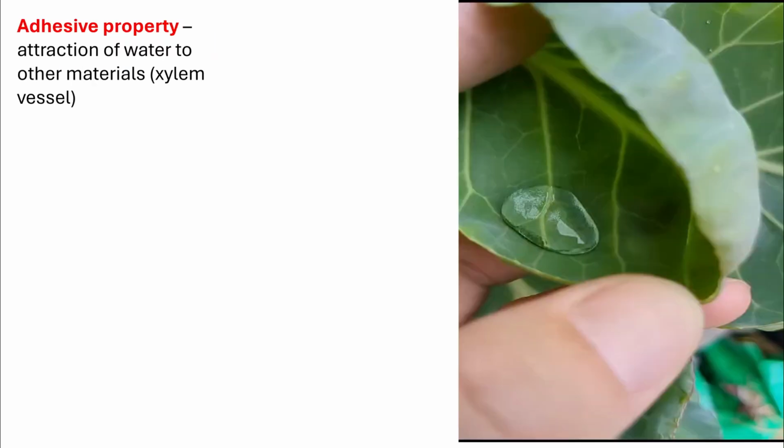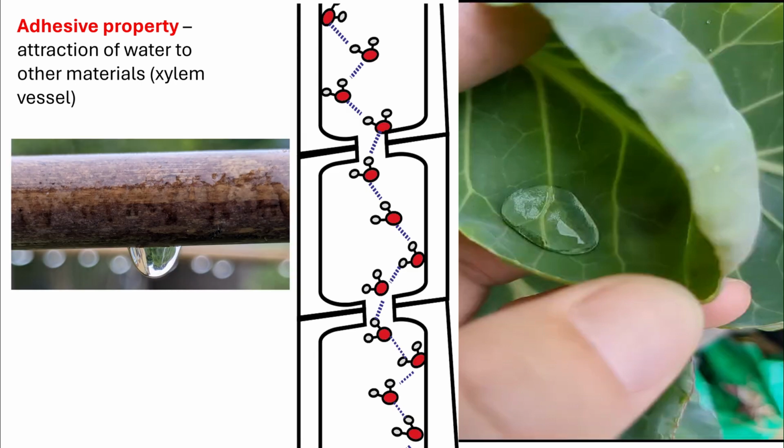Not only is there the cohesive property of water, the high specific heat capacity, the high heat of vaporization and the high heat of fusion, there's also the adhesive property of water. That is where there's an attraction of water to other materials, such as the xylem vessel, or the material, in this case, on the outside of a bamboo stick.